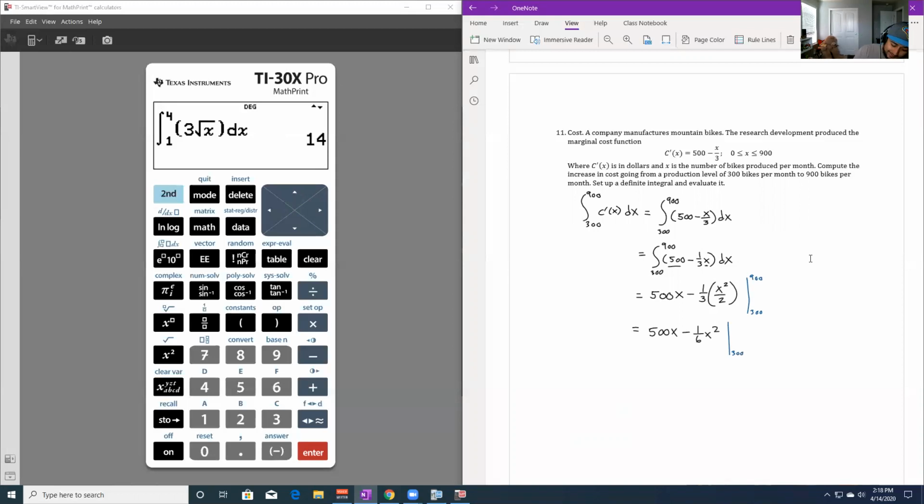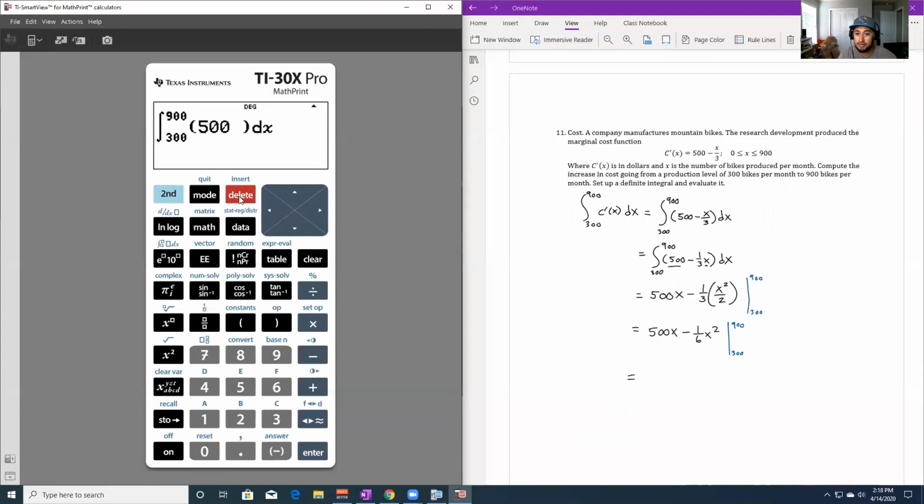All right. Now, all we have to do is type it in our calculator. So, clear, second integral, 300 to 900 of 500x minus, I'm going to hit my fraction button here. Oh, no. Don't make that mistake.